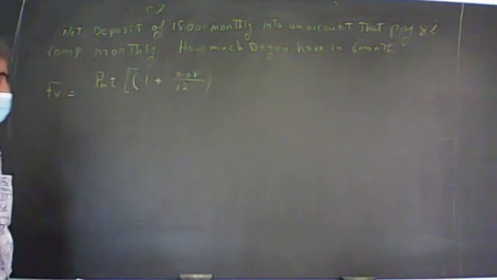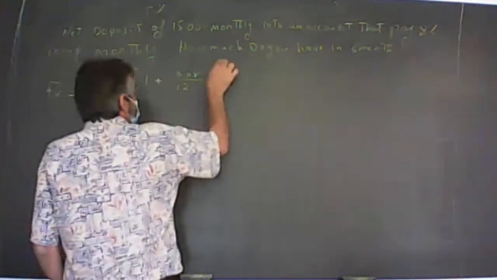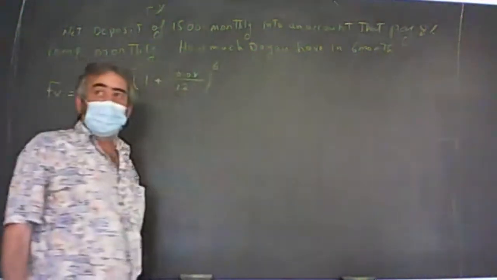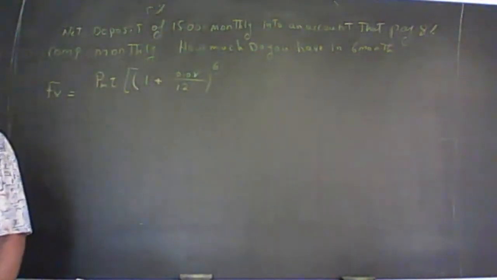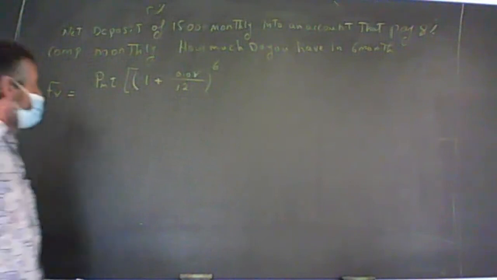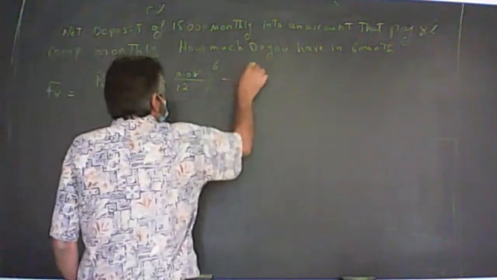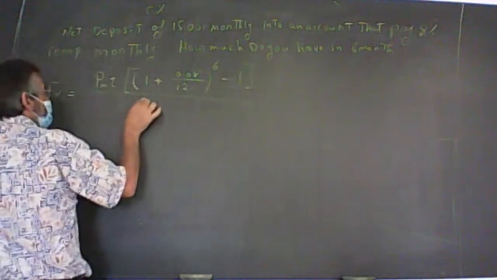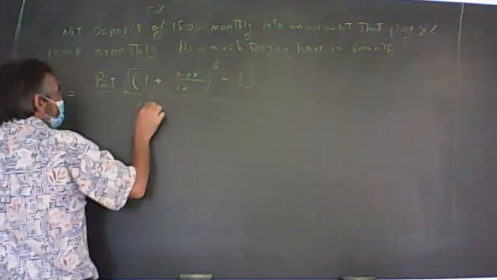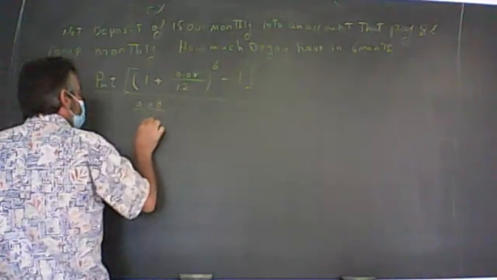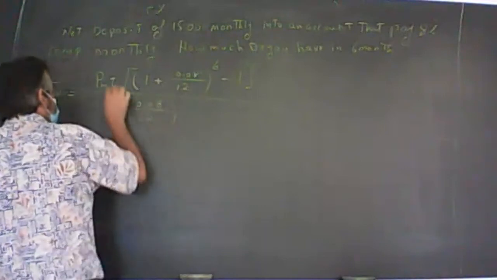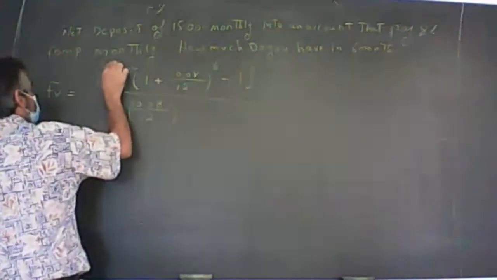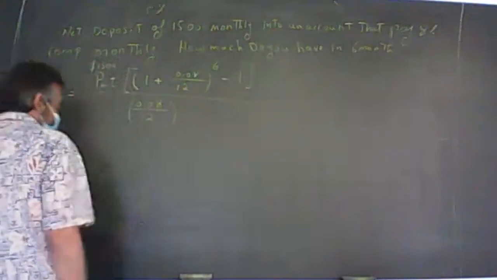Yeah? NT in this case happened to be 6 because 12 times a half a year is 6, minus 1 divided by 0.08 over 12. So this is 1500.